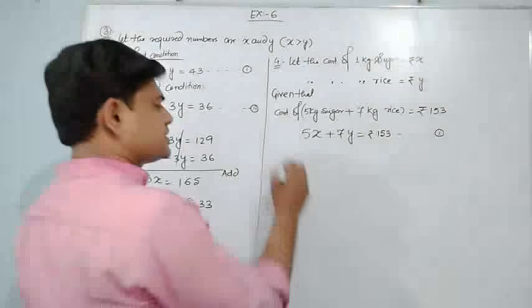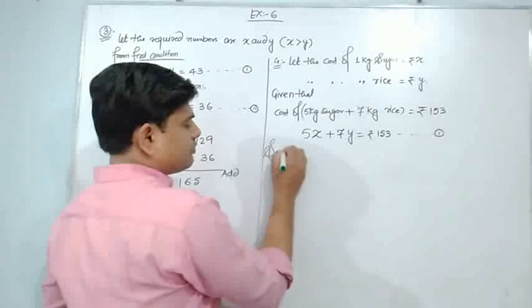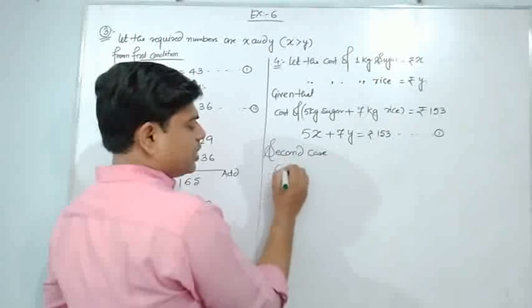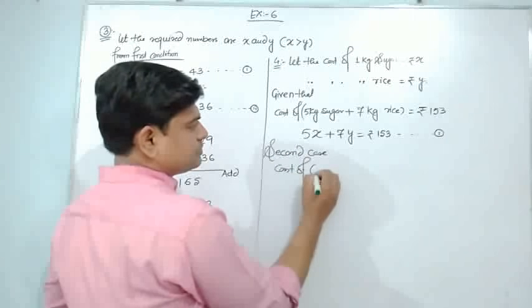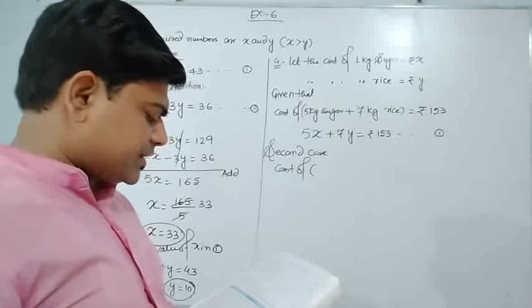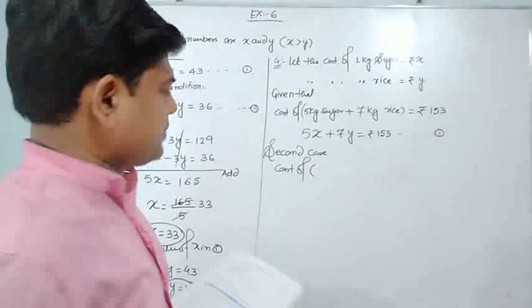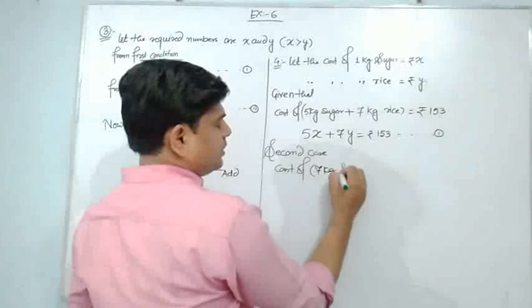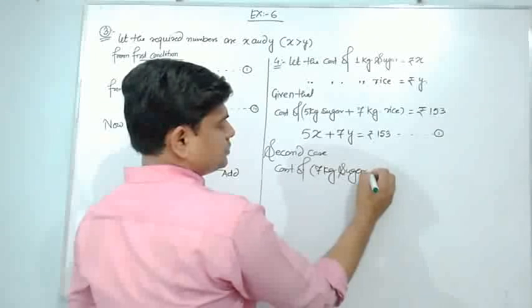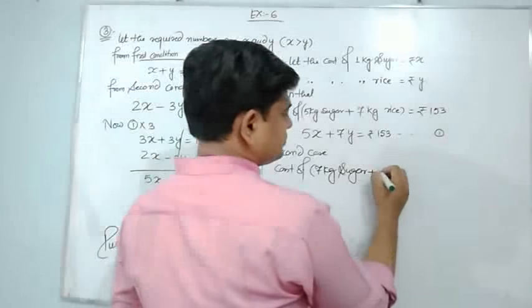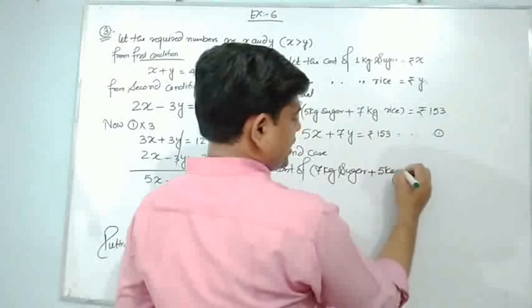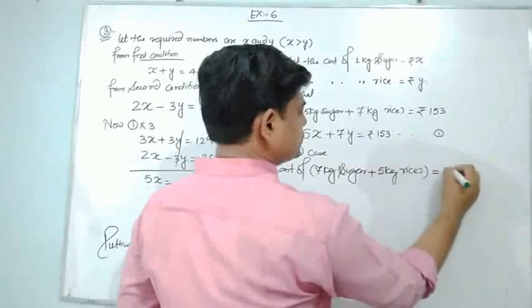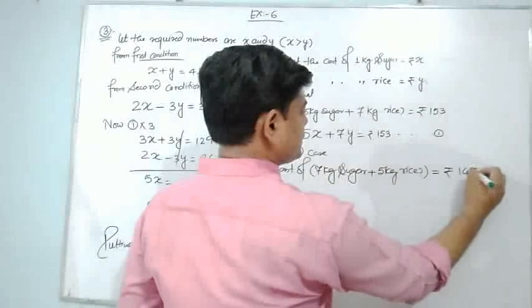Now what is the second case? The second case is given: the cost of 7 kg sugar plus 5 kg rice is equal to how much? Rupees 147.